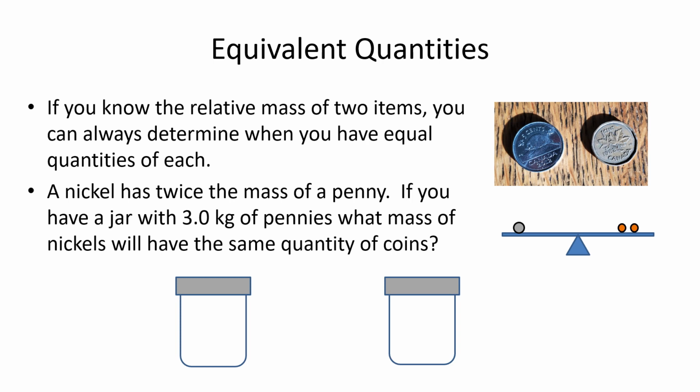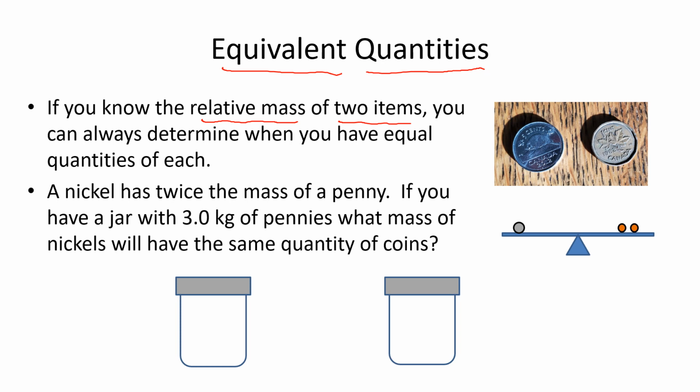So the mole concept is based on the idea of equivalent quantities, equal amounts of different particles. And you don't need to be able to measure the actual mass of a hydrogen or a helium or some tiny atom. All you need to do is have the relative mass of the two items. So let's use an example of stuff that we've seen every day.